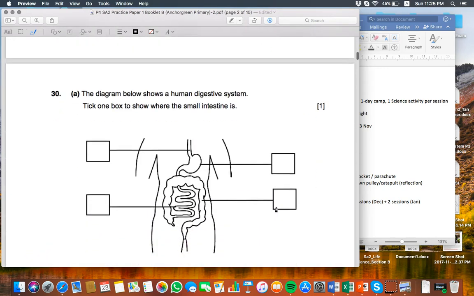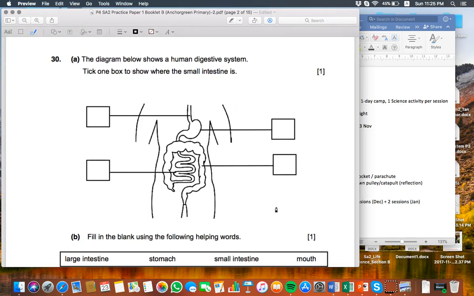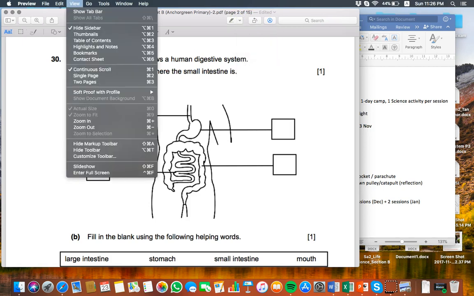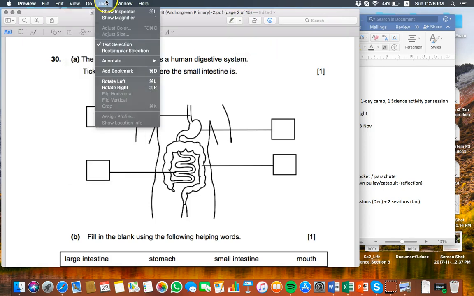Let's move on. The diagram below shows a human digestive system. Let's see if there is a highlighting function here. Oh no, can't highlight. Why?